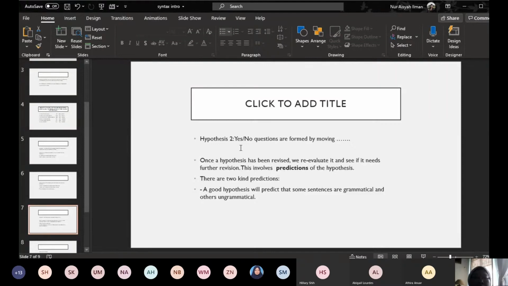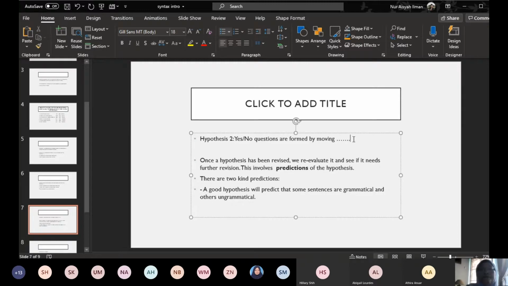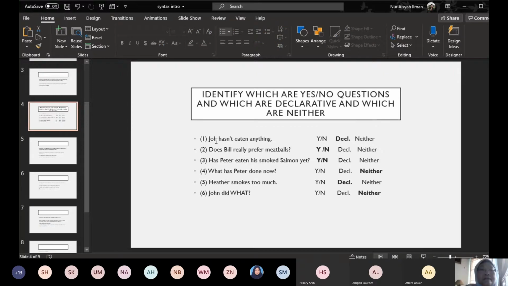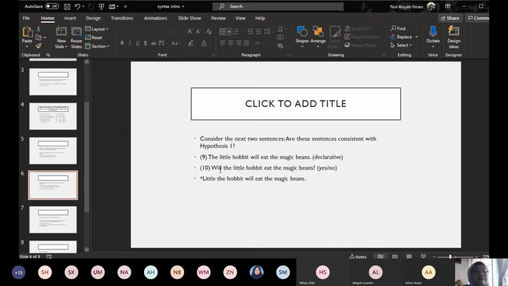So now we have to revise our hypothesis. So we have to say yes no questions are formed by moving what? So we noticed just now that we had does Bill, we have do, we have has, and we have will.